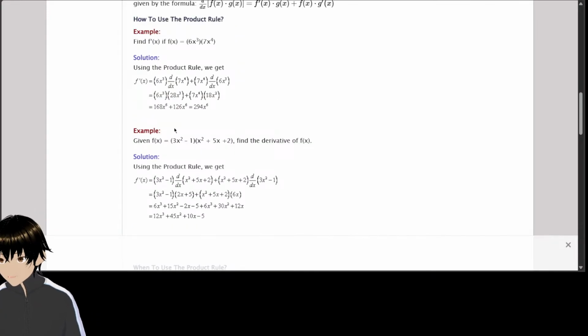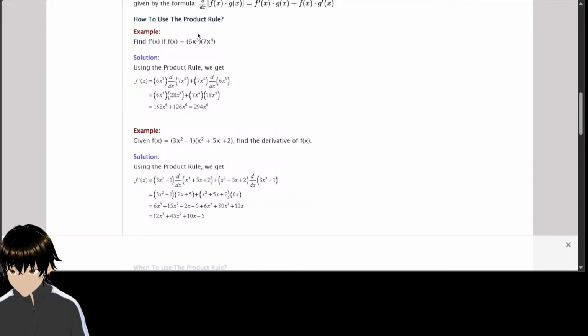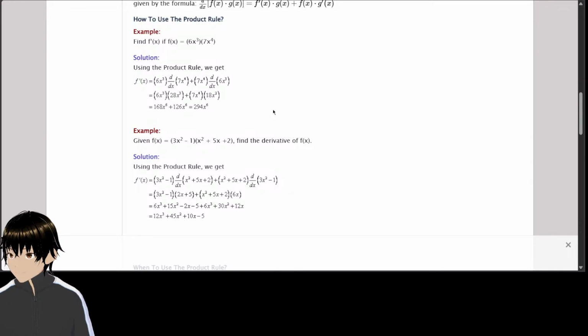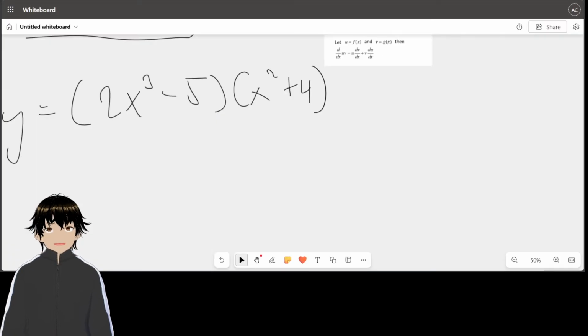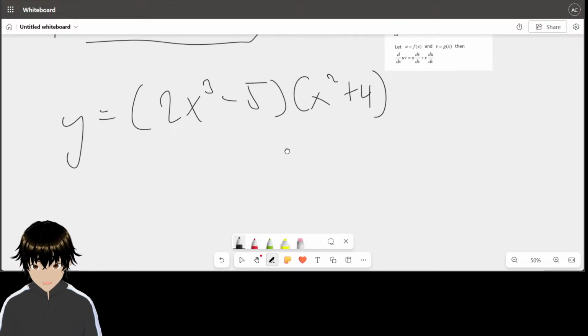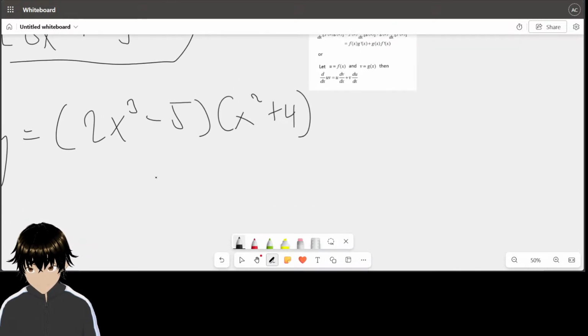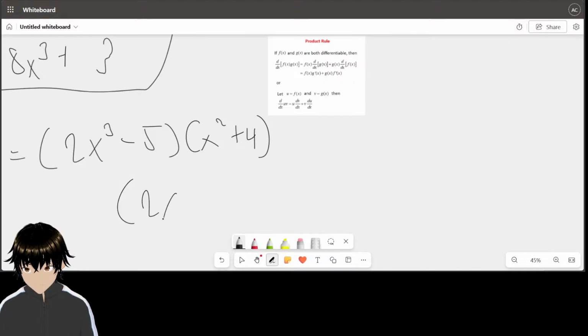Oh no! You get the derivative of what? Okay, I think I get it now. So you basically get the f(x), okay? f(x) right here. Then you get the derivative of g(x), which is gonna be 2x plus 4.